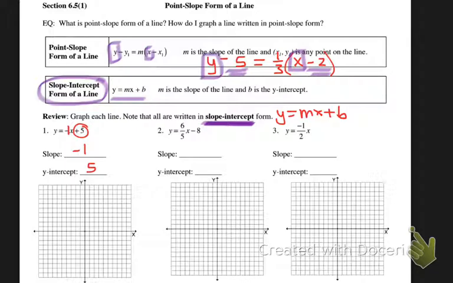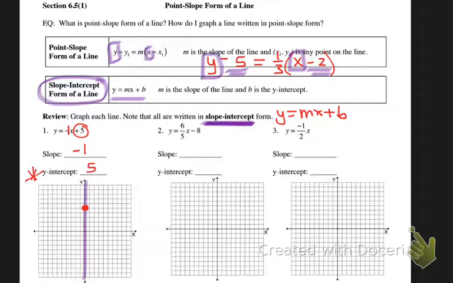When we graph, I recommend that you graph the y-intercept first, which is where our line crosses the y-axis. So I just have to go up 5 from the origin. 1, 2, 3, 4, 5.